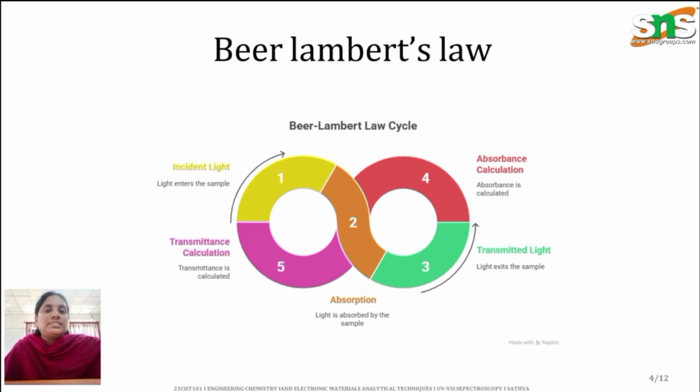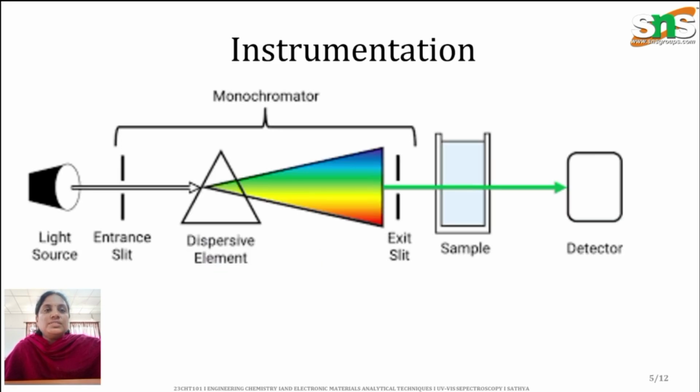That means the cuvette size is the thickness. So we calculate the incident light, the transmitted light, and the absorbance. A is equal to epsilon CL, where I is the transmitted light and I naught is the incident light. They depend on the concentration of the sample.